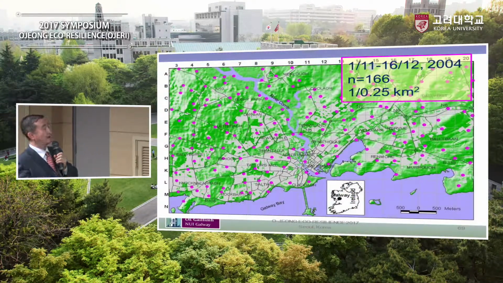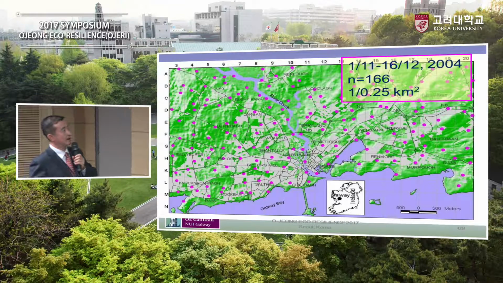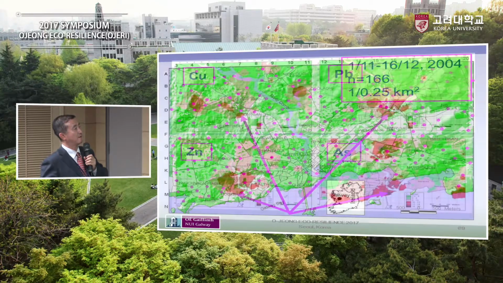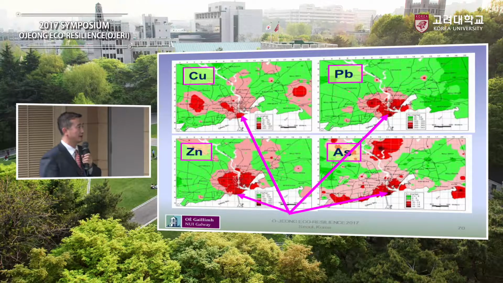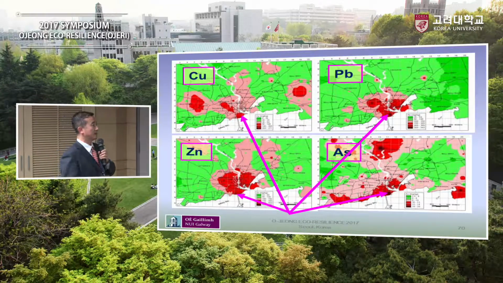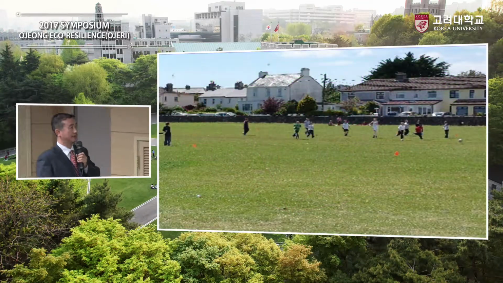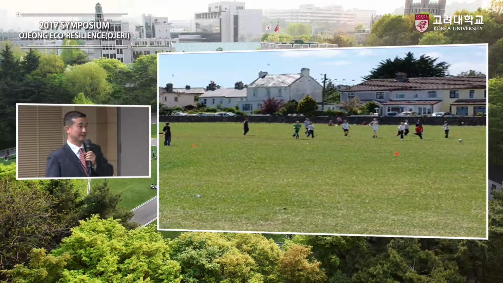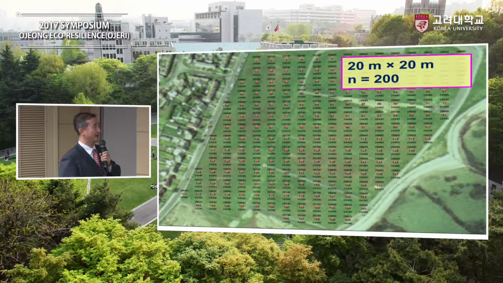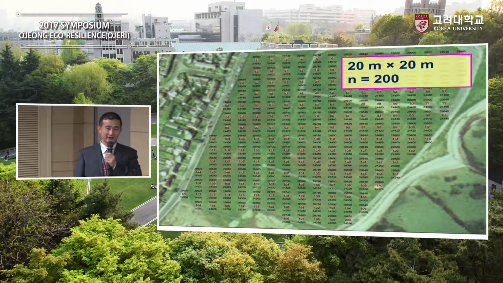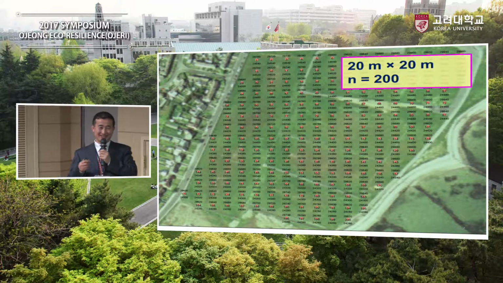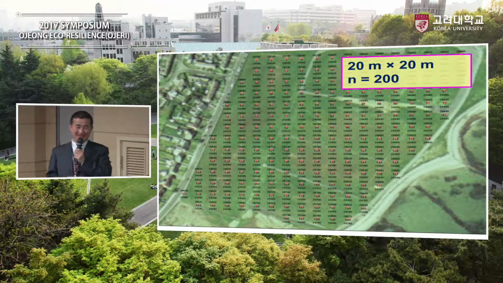But I do find a site which is contaminated based on the regional survey. Specifically, I found this site because I got quite a few elements, then I found that site is interesting. Then I found it's a playing ground, a park. So I went back and collected a large number of samples, because when we report to a government agency, we have to be very careful.